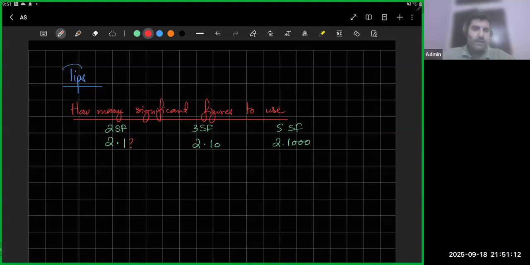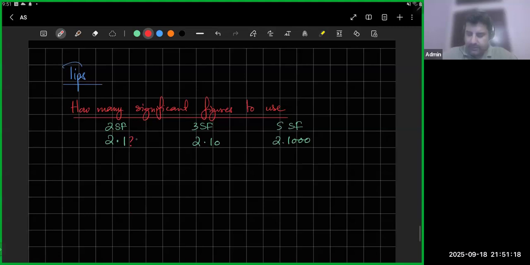It could be 2.13, could be 2.15, could be 2.11. You have no idea what's coming after that. You know that this is 2, this is point 1, and this is 0, but you have no idea what comes after that.